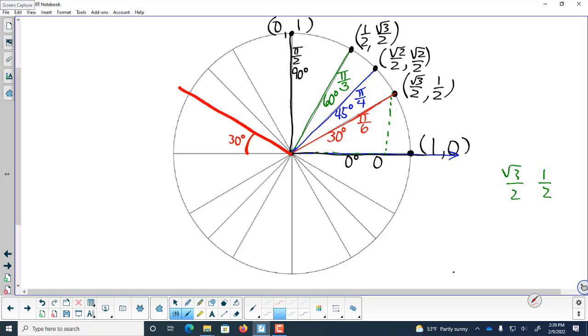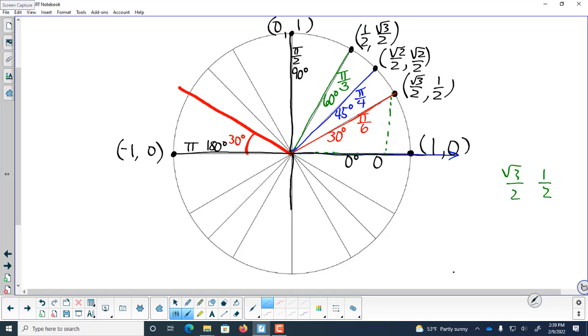If this is 30, what's this angle in standard position whose reference angle is 30 in quadrant 2? And maybe we should go all the way around. What's this angle going to be? 180 or pi.